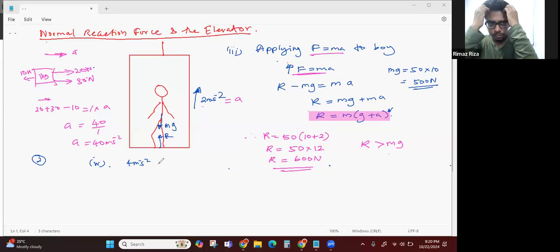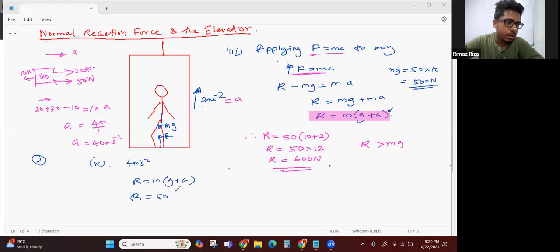Is it 700, sir? Sorry? 700 Newton? 700. Okay, so here we can use this formula, because if you apply F equals ma for this case, you will again get this formula only. So straight away I can use R equals m times g plus a. Therefore, R equals 50 into 10 plus 4, 14 into 50, is 700 Newton.